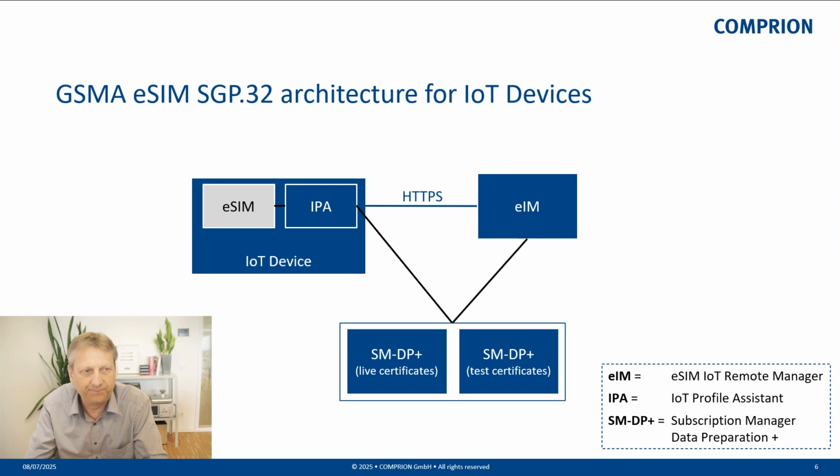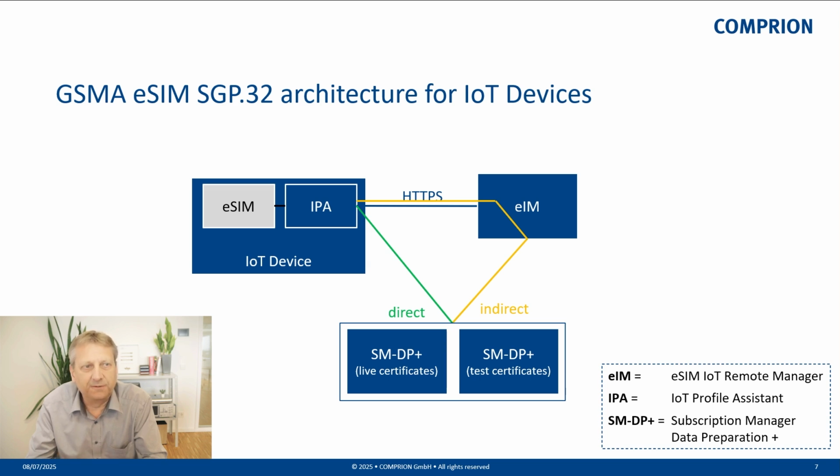That may change in the future, as said, when we see in the market other devices which require narrowband protocol. And there's another choice which you have, which is how to do the eSIM profile download from the device to the SM-DP+. So there are two versions called the indirect and the direct profile download. And you see the indirect profile download goes via the eIM, whereas the direct profile download directly connects the IoT device and the SM-DP+.